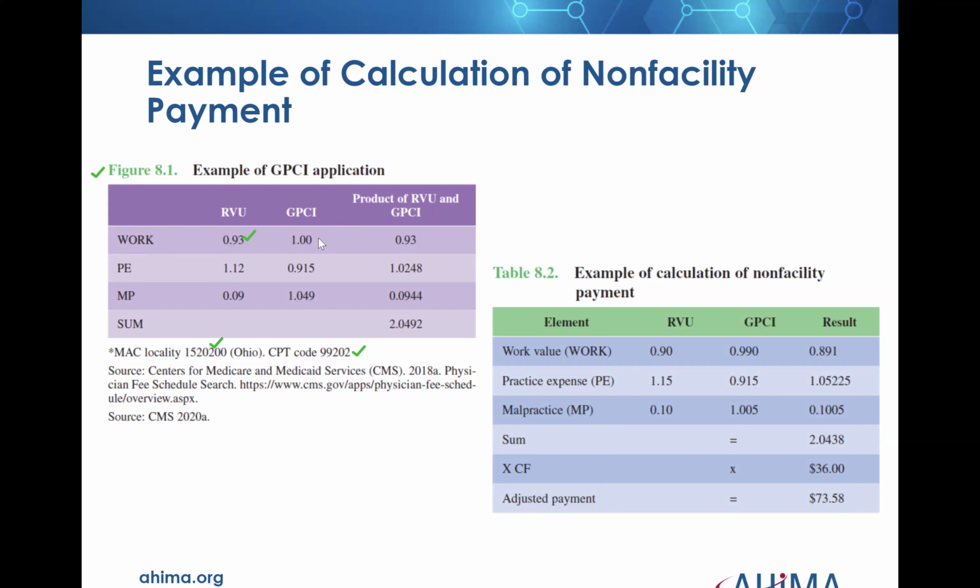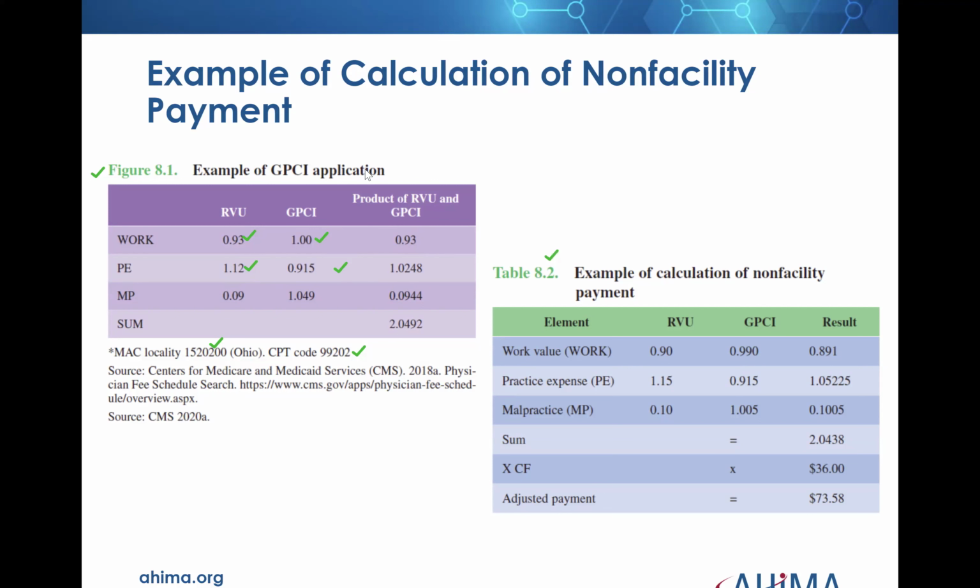The Geographic Practice Index, the GPCI, is 1, right? So we have 0.93, right? Same thing for the PE. Add these up, and so on.